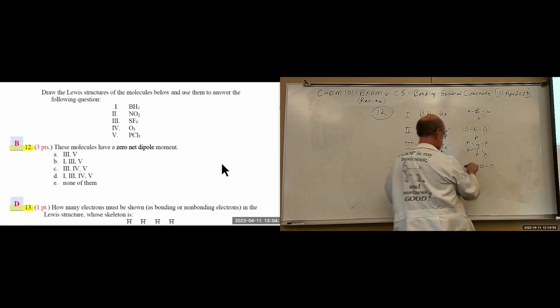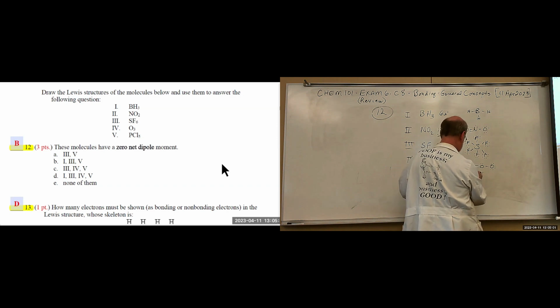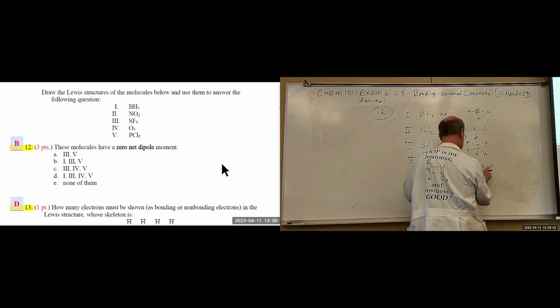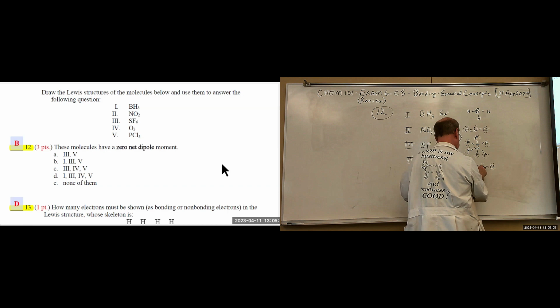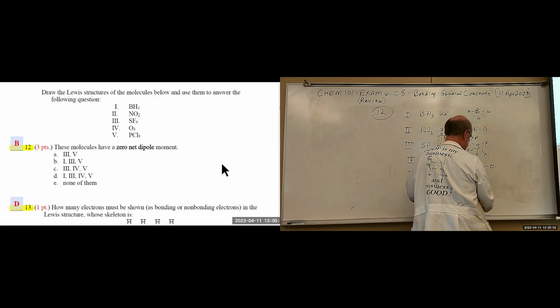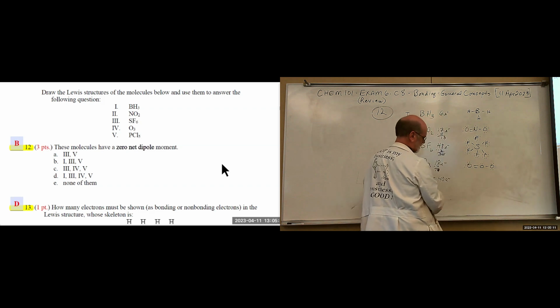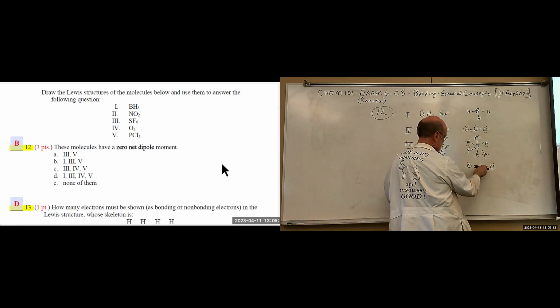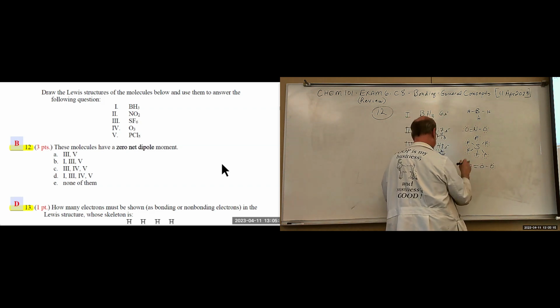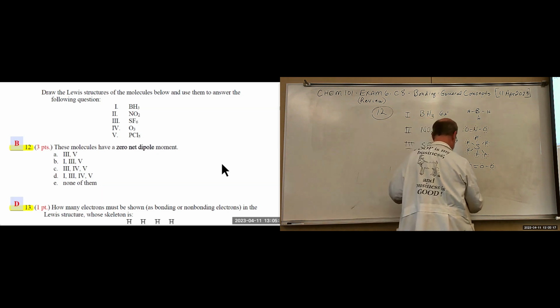Let's see. This one, we need 2, 4, 6. So we just need a double bond on one side. And that should give us an octet: 2, 4, 6, 8, 2, 4, 6, 8, 2, 4, 6, 8. And then PCl5.